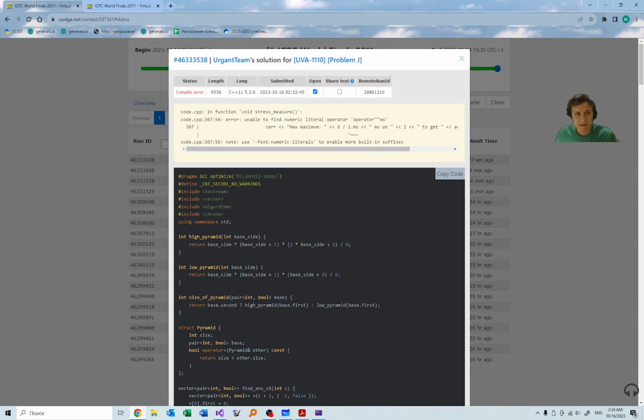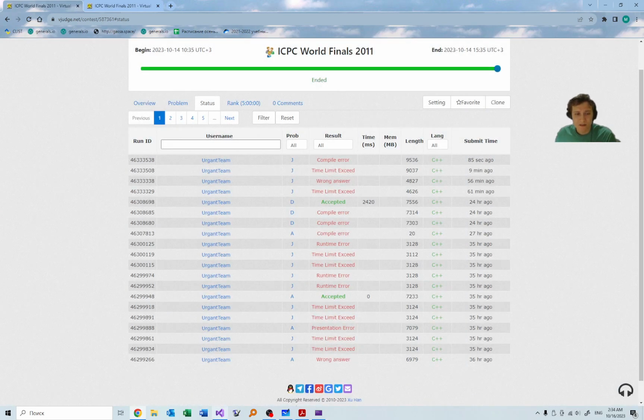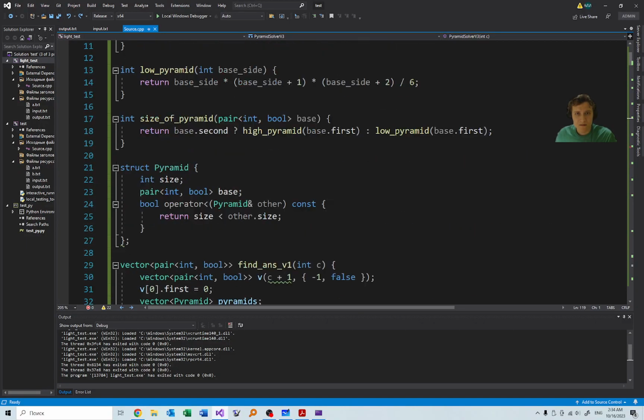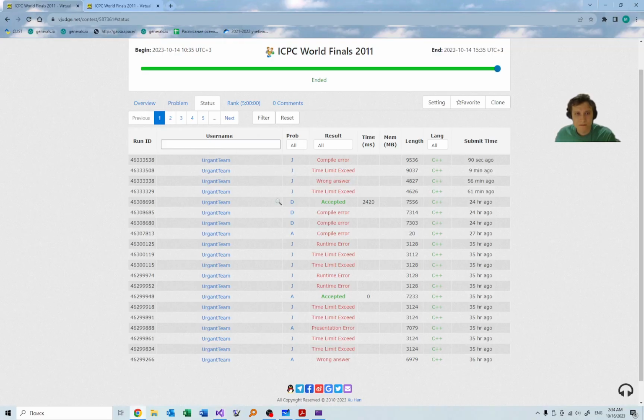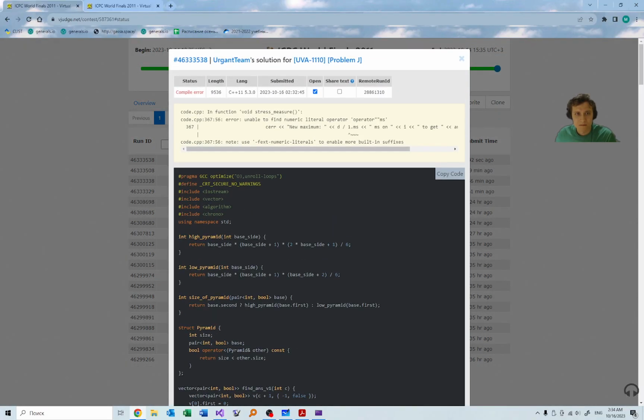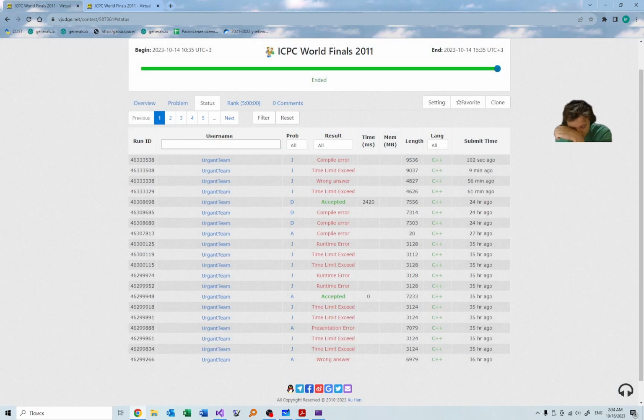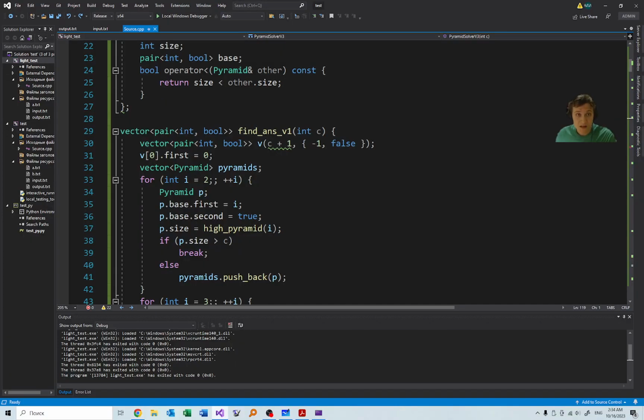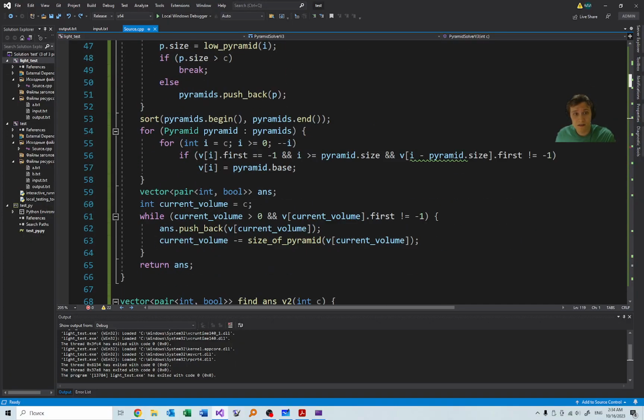Compile error. Oh, why did I wait for this? This compiler is ugly.